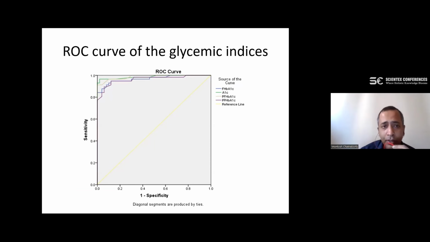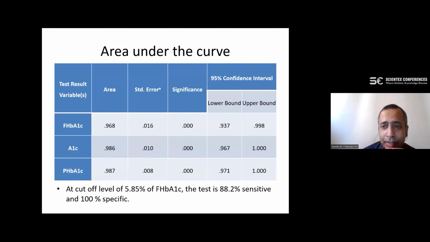Next, we thought, let us go on to the ROC curve, that is the receiver operating characteristic curve, of the glycemic indices, so as to establish two things. Number one, to find a value at a certain cutoff level, which we got at around 5.85% for fructosaminated HbA1c, where the test is 88.2% sensitive and 100% specific for diabetes mellitus.